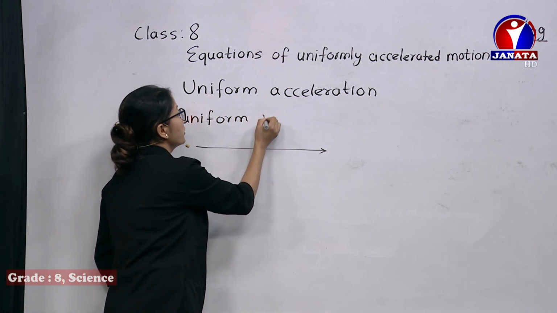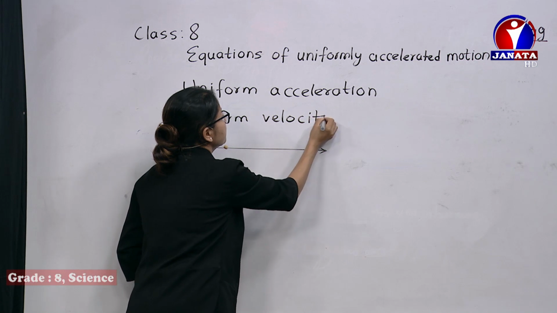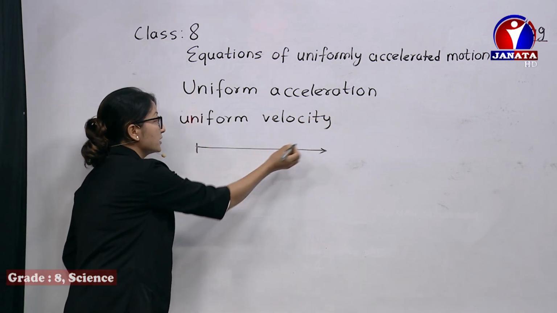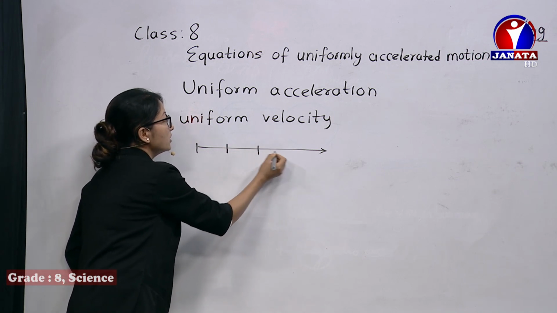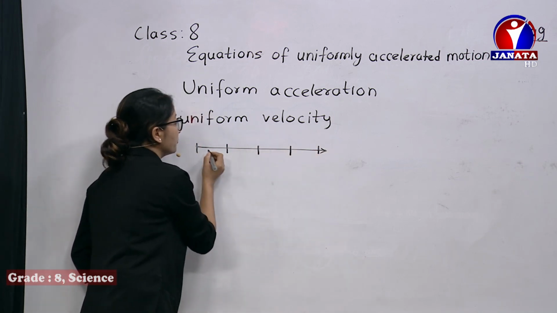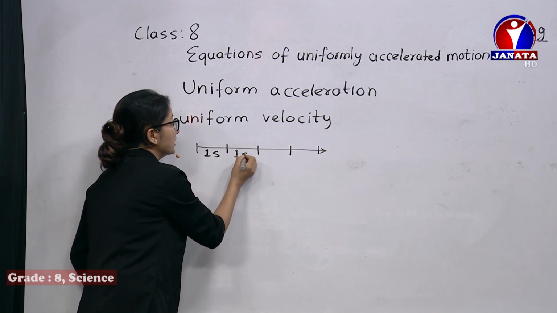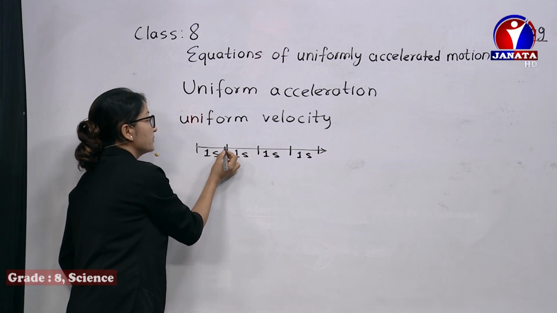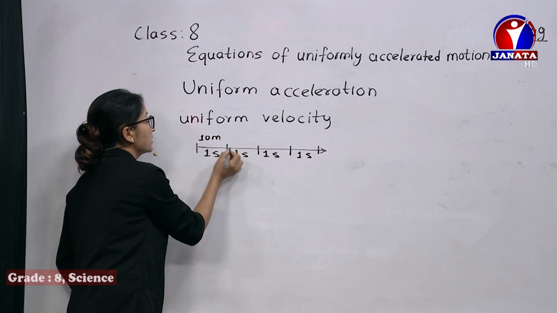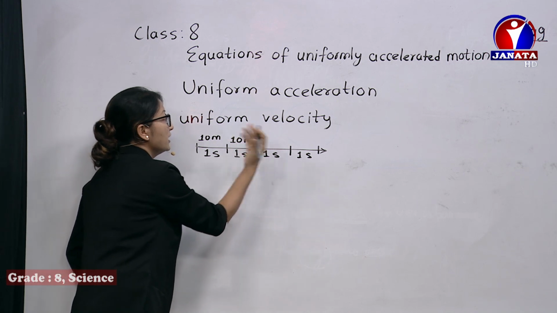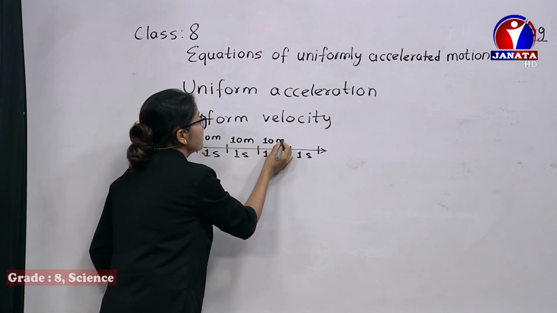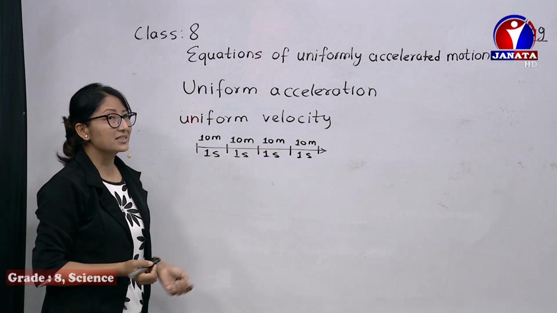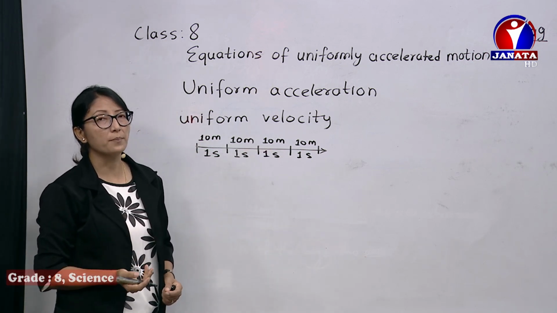If a moving body traveling in a straight line covers equal displacement in equal intervals of time, suppose in the first second, second second, third second it covers the same displacement, 10 meter in each second, then the body is said to be traveling with uniform velocity.